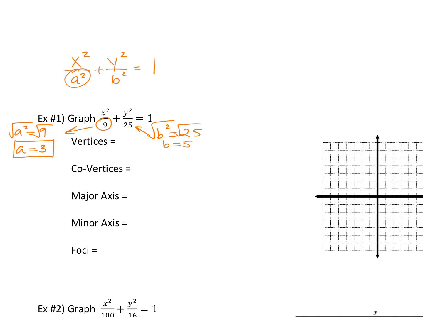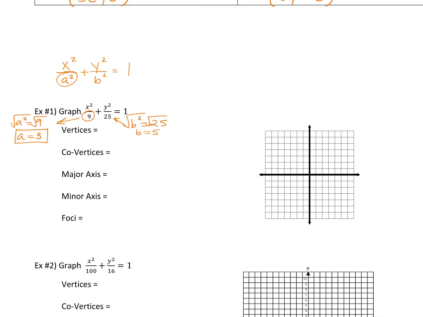Okay, so now let's think about that. I'm actually going to plot this before we move any further, because I think it'll help you just to see your setup. So if A is 3 and B is 5, we said A is always going what direction? Is A going to go up, down, left, right? A is going to be left and right.